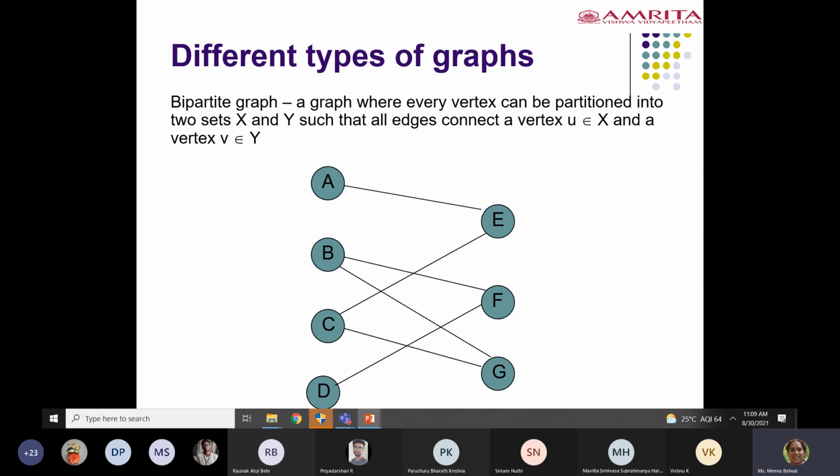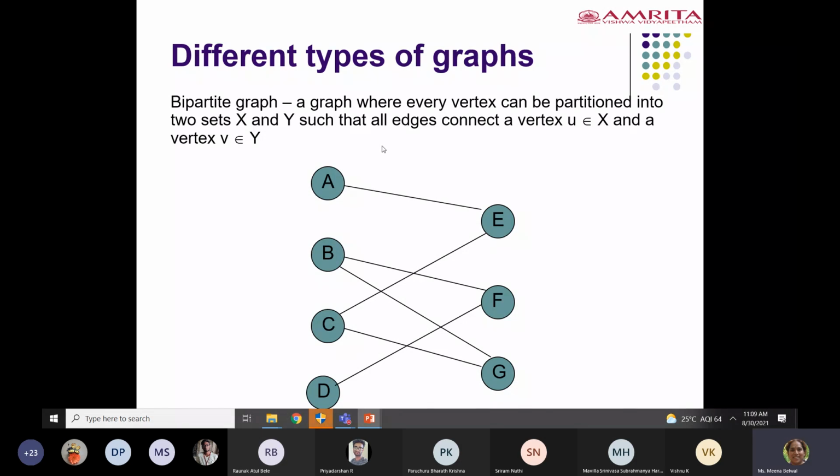So what is the definition of a bipartite graph? A bipartite graph is a graph where every vertex can be partitioned into two sets, X and Y, such that all edges connect a vertex u belonging to X and a vertex v belonging to Y. Okay, so first of all, when you bring a vertex, you should be putting that vertex into set X or set Y. Either it can be a teacher or it can be a class.